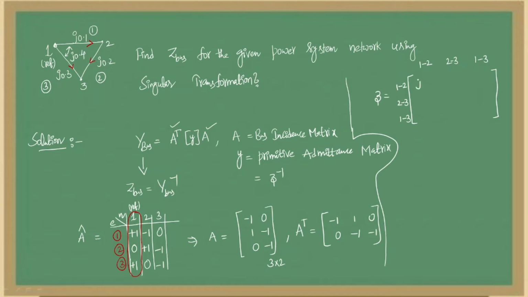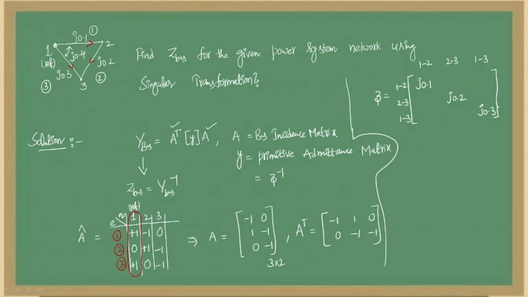Hence, the first diagonal element is J 0.1 per unit. The self impedance of the element between 2 and 3 is J 0.2, so the second diagonal element is J 0.2, and the third element, between the first node and the third node, has the self impedance of J 0.3. Hence I can consider it as the third diagonal element.